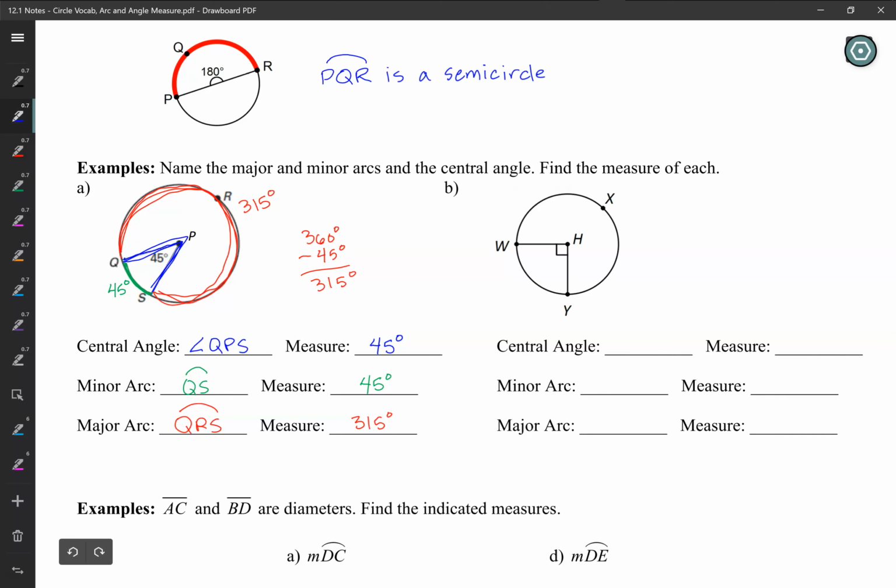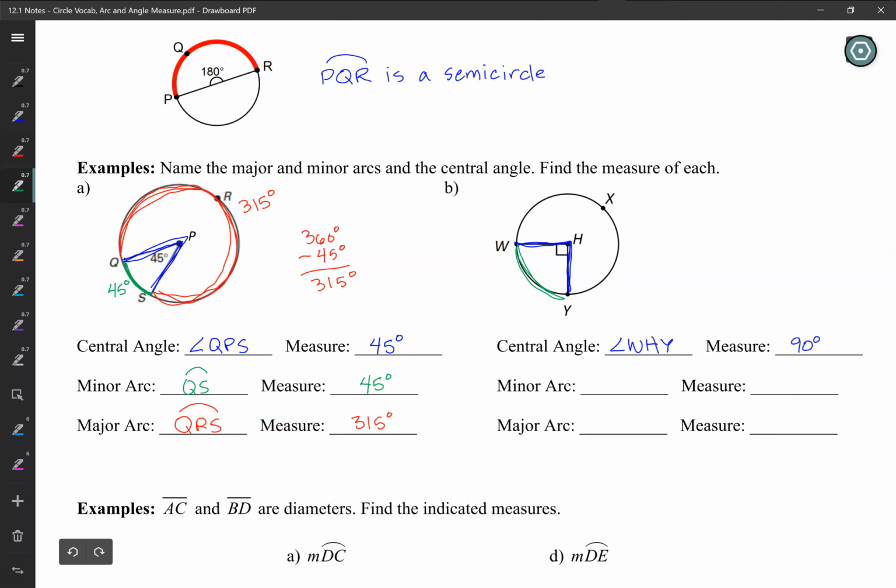Central angle on this one: angle WXY. Well, it's got a right angle mark in there. That means its measure is 90 degrees.